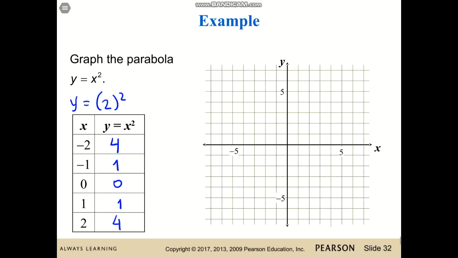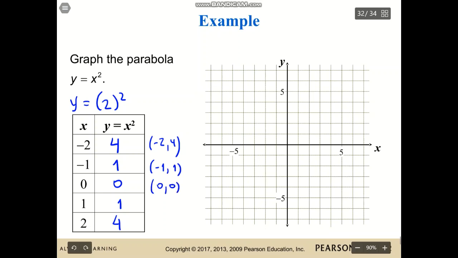Now we go to the ordered pairs. So we have -2 and 4, -1 and 1, 0 and 0, 1 and 1, 2 and 4. We have 1, 2, 3, 4, 5 ordered pairs. It might be sufficient to have an idea of this graphic.